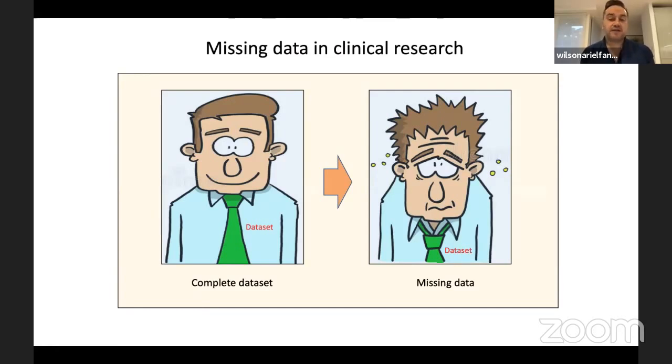You didn't have any dropouts. There was good adherence to the treatment. You didn't have any problems with the follow-up. All the patients finished the trial. So this is what the data set looks like on an imaginary basis.